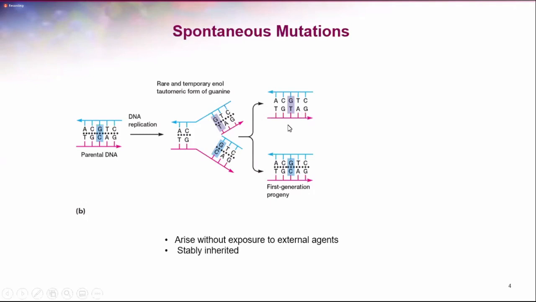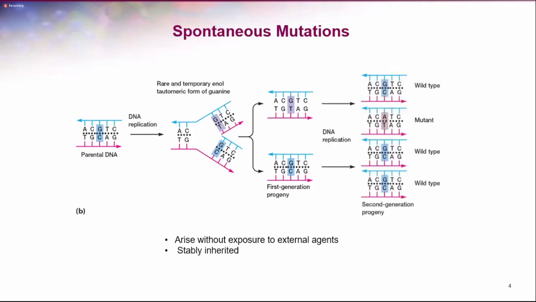However, the second daughter cell has received this mismatched base pair, and you can already see why this could be a problem. If the bottom strand was the template strand, and it was for a critical gene, then this could already contribute to an improper amino acid in the protein sequence.